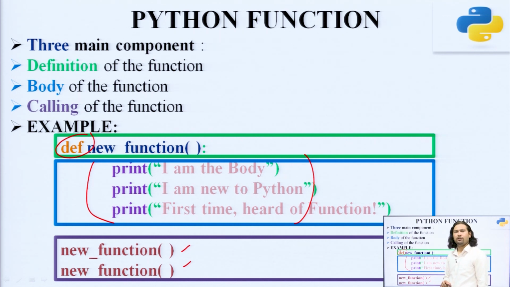The number of times can be 1, 2, 3, it depends upon your code. You can use it at one place or at multiple places, but you need to call it as many times as your code requires. That means if you are going to execute the function 2 times, you need to call the function 2 times. So, this is how the function is identified into three components: definition, body and calling of a function.